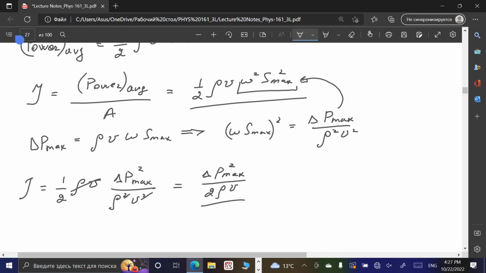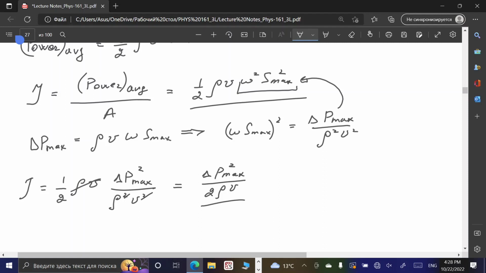And we considered so far a cylinder as a model system. So in that case, if we don't take into account attenuation of sound with distance, so we consider some small distances, it doesn't matter which cross section we pick, x equals 0 or x equals 5 centimeters or whatever. The intensity will be the same.